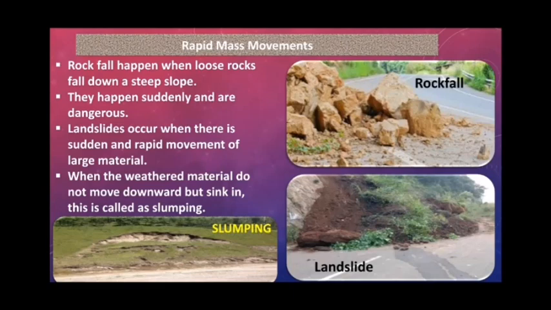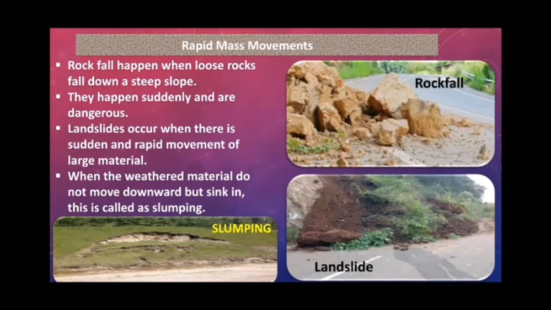A thick layer of weathered materials forms on the slope. When it rains in such areas, the rainwater enters into the weathered materials and their weight increases. The weathered materials move very rapidly and come down the slope.